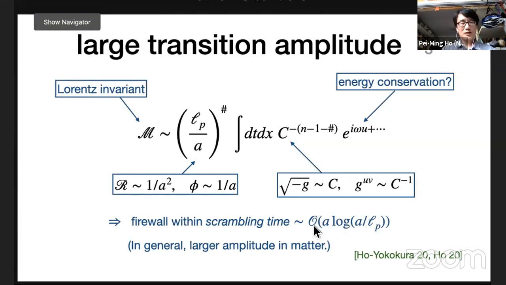So actually, well before the scrambling time, you would already have some tiny amplitude, tiny probability of seeing particles coming out of vacuum. So at that time, when the invariant quantity is still smaller than the Planck scale, you would see a small probability.